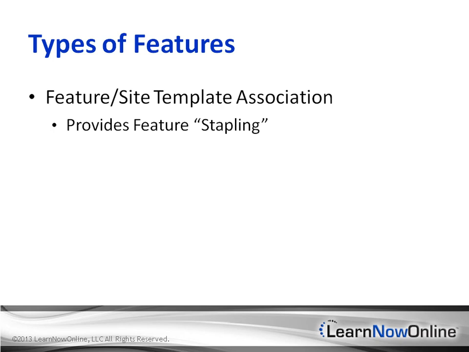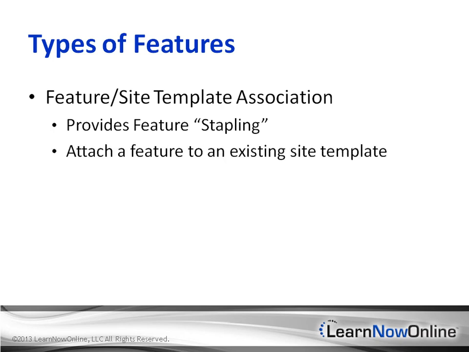This is commonly referred to as feature stapling. What we're stapling is a feature to an existing site template. And this helps facilitate versioning and reuse because we can actually change the functionality of the site template without having to change the site template itself. So the site template can remain independent and we can just add things on top of it as we need.